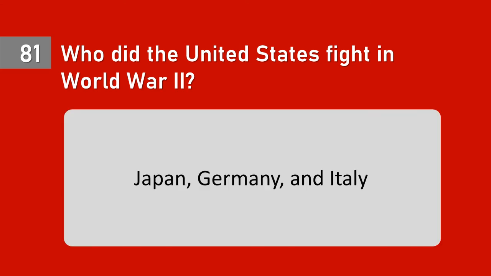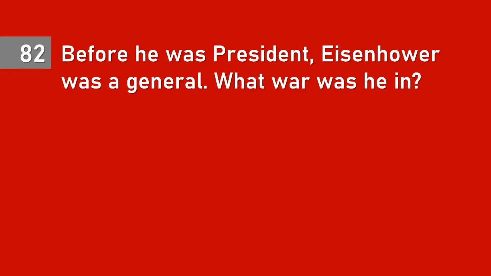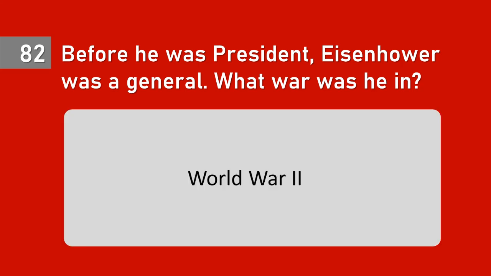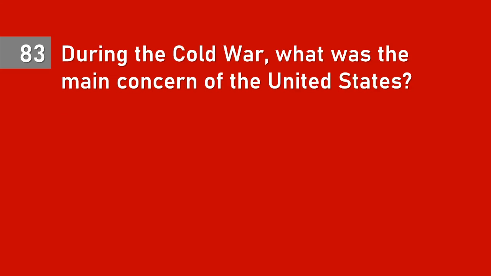Question 81. Who did the United States fight in World War II? Japan, Germany, and Italy. Question 82. Before he was president, Eisenhower was a general. What war was he in? World War II. Question 83. During the Cold War, what was the main concern of the United States?